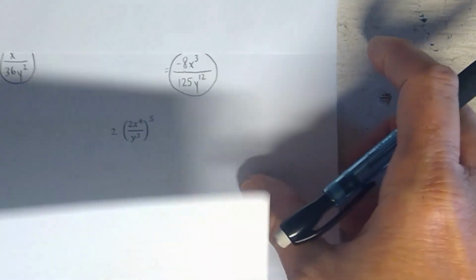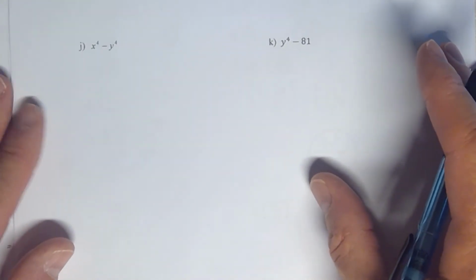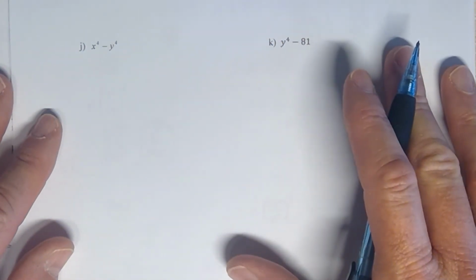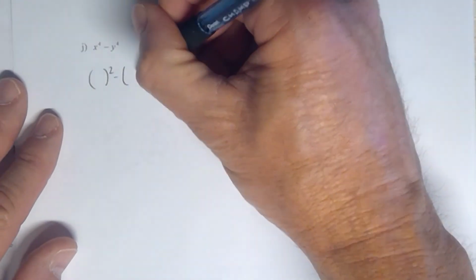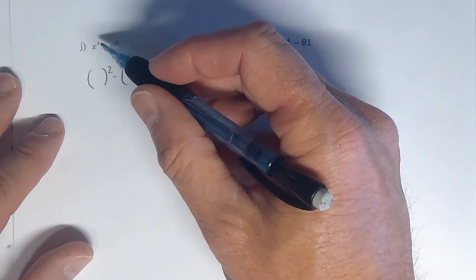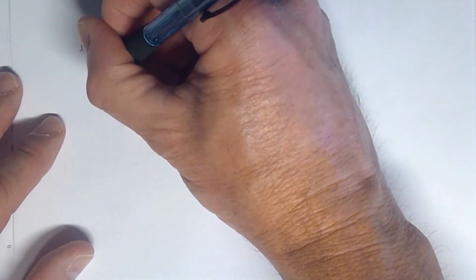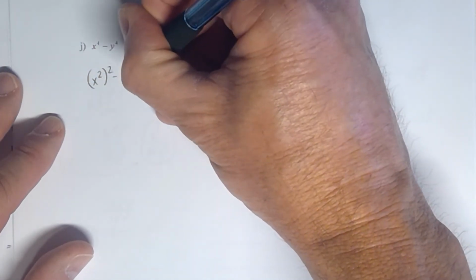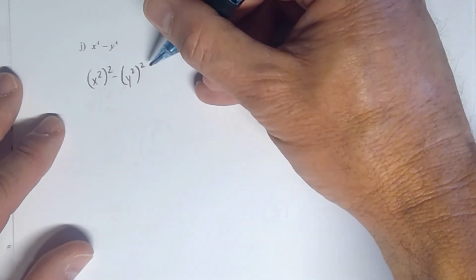The next 2 problems on the next sheet are exactly that same type of situation. Both of these problems have a GCF of 1, so we'll skip that step. In this first one, x to the 4th and y to the 4th both fit. We know it's being squared to equal both of those because 2 times 2 is 4, and 2 times 2 is 4 over here as well.